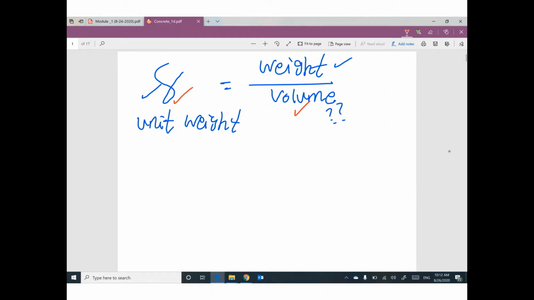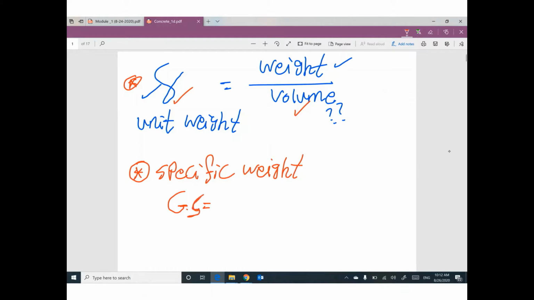We have something also called specific weight. You remember something like this? Specific weight, which is called G for a material, for cement, for gravel, for water, for anything. Specific gravity, sometimes called Gs. Specific weight or specific gravity equals gamma divided by gamma water.